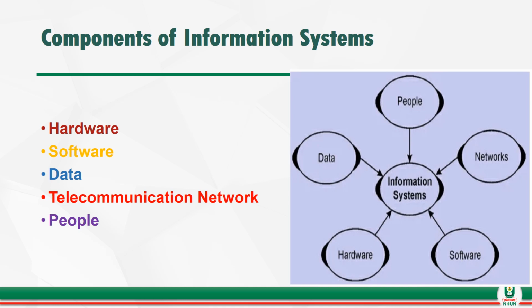The hardware. What do we mean by hardware? The hardware is mainly the part of the information system which you and I can touch or feel with our bare hands. For instance, we can touch and feel our desktops, our laptops, the keyboards, while the software are those information systems which we can neither touch nor feel.